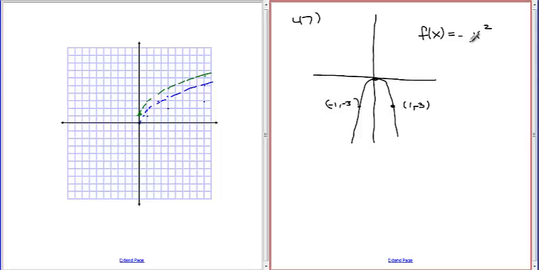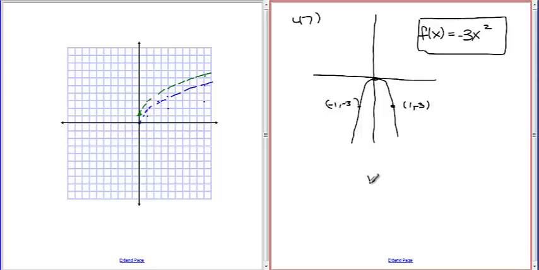And you can also see when x equals 1 that y is -3, so you've got to include a factor of 3 in there. So that is the answer. The negative comes from the fact it's pointing down. The 3 comes from the fact that at x equals 1, y equals -3.